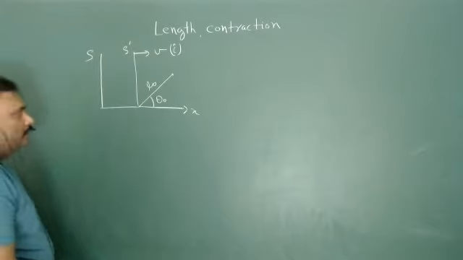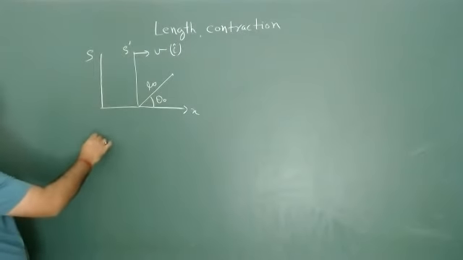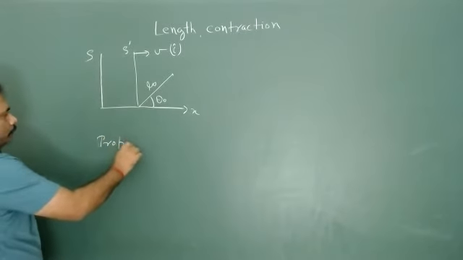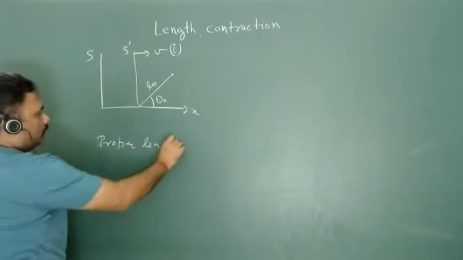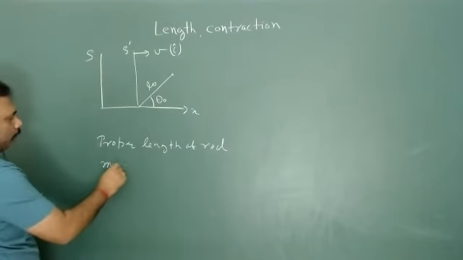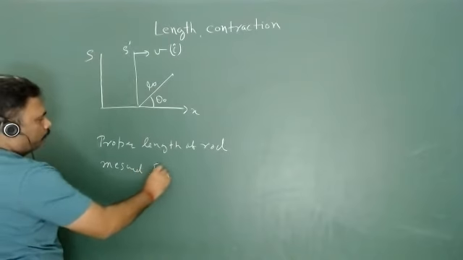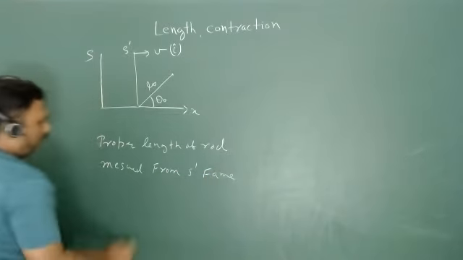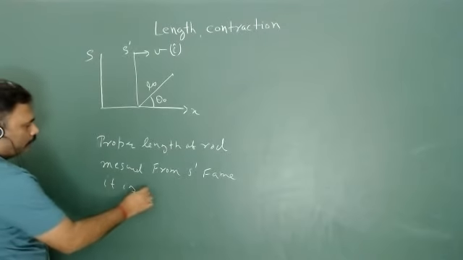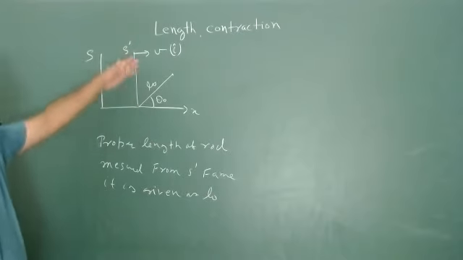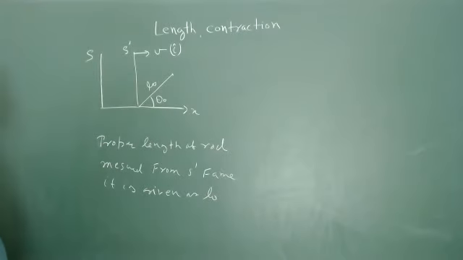Now the problem is that proper length of rod measured from S dash frame is given as L0. That means if you sit here, you will measure this thing as L0.